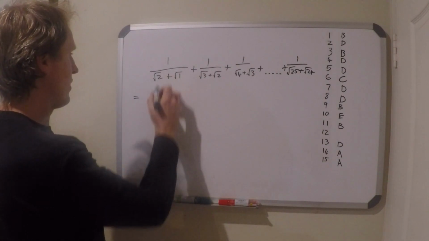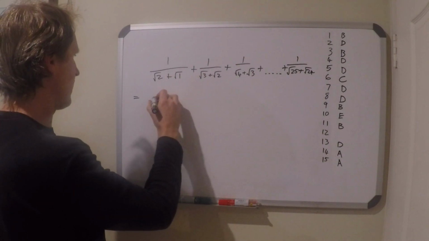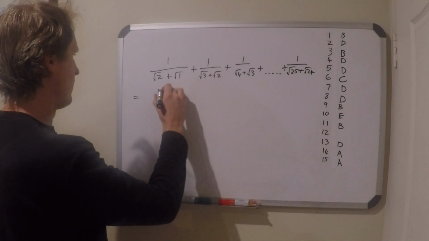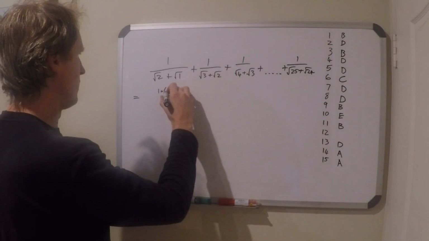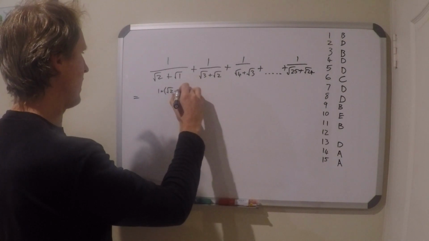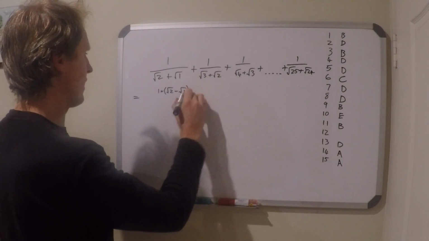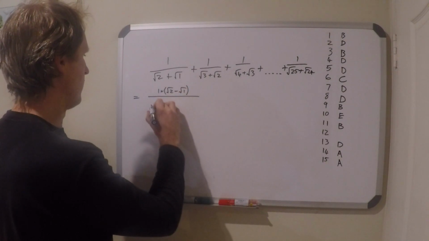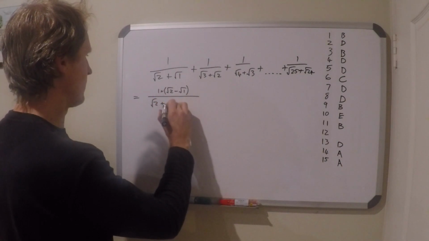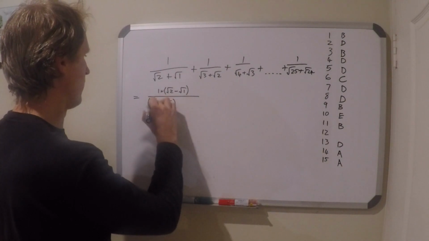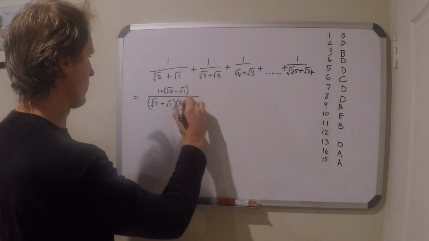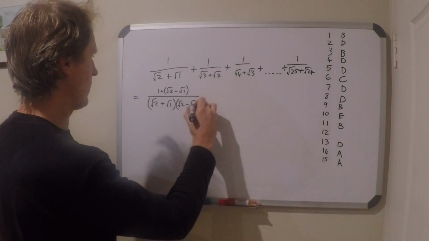So if we look at this first term, I'm going to say 1 times square root 2 minus square root of 1 over square root of 2 plus square root of 1 times square root of 2 minus square root of 1.